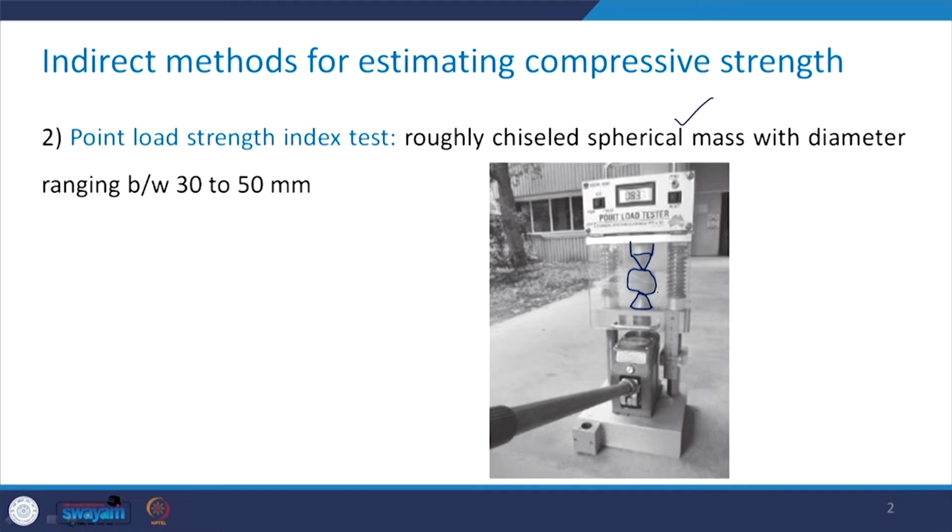Then with the help of this lever, you just apply the load, and whenever this specimen breaks, you note down that particular load. Using that load, we will find the point load strength index, and that would be correlated to the compressive strength of the rock.